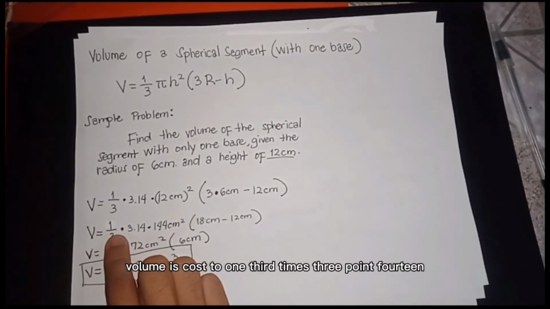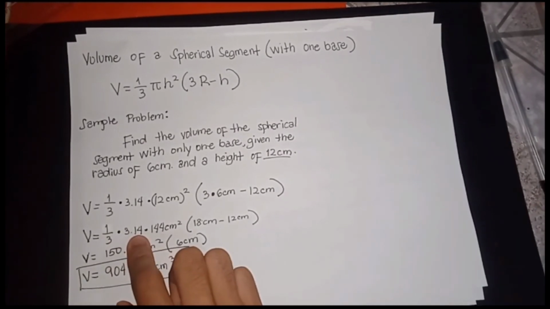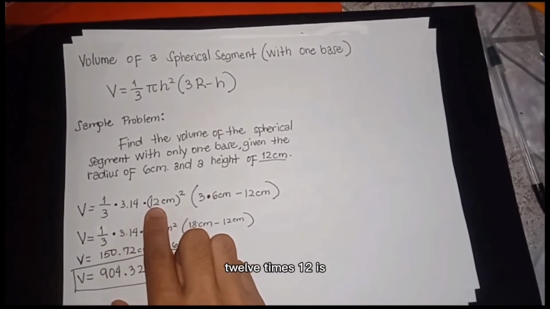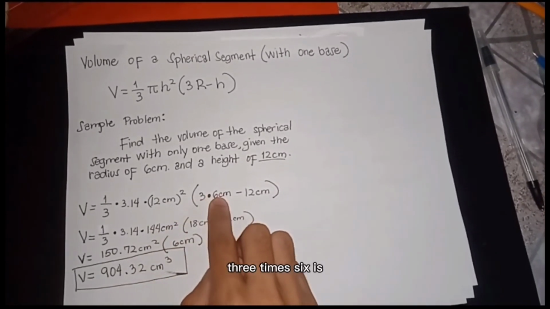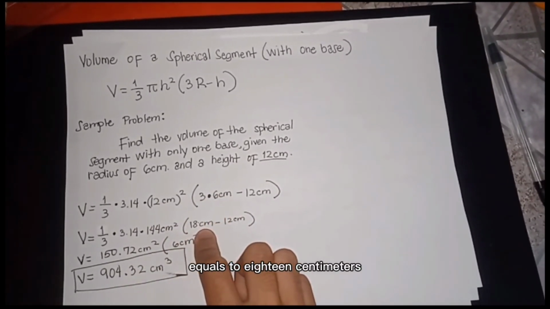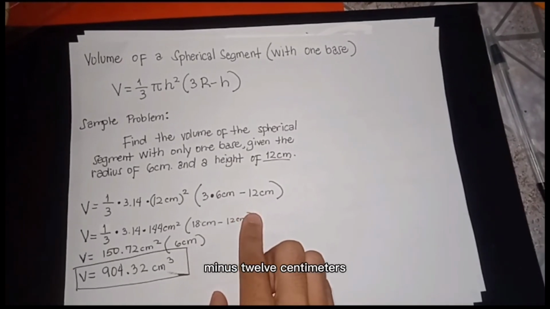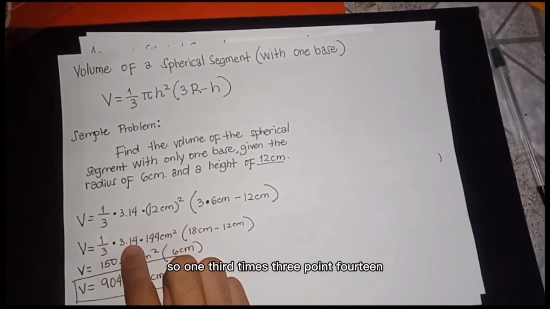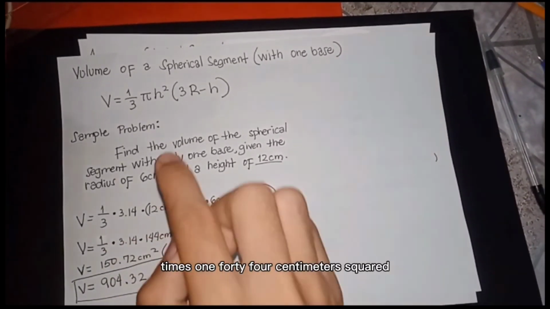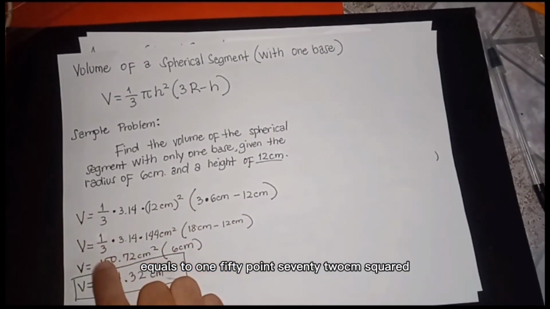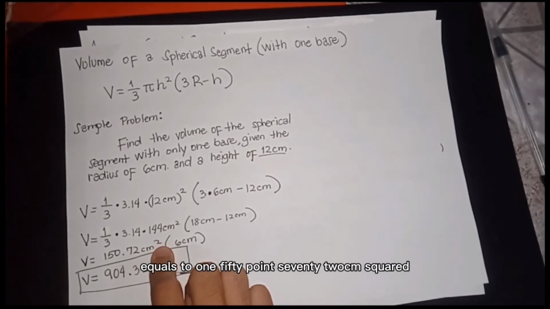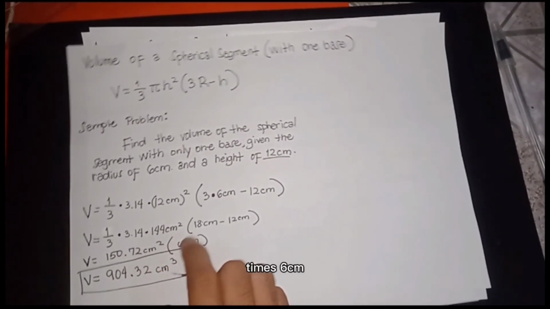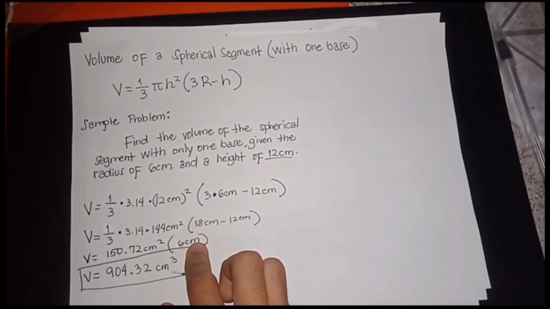So we go on. Volume is equal to 1/3 times 3.14 times 12 times 12, which is equal to 144 centimeters squared, times 3 times 6, which is 18 centimeters, minus 12 centimeters. So 1/3 times 3.14 times 144 centimeters squared is equal to 150.72 centimeters squared, times 6 centimeters.